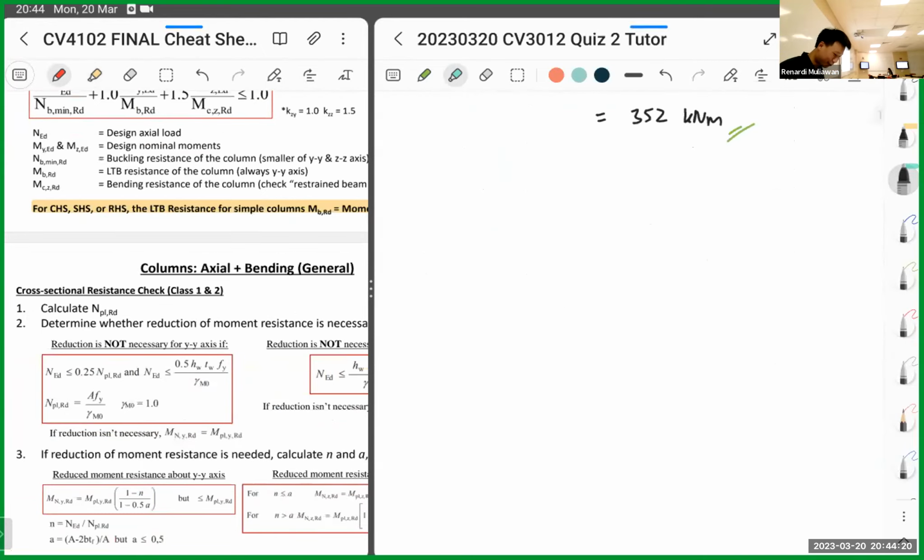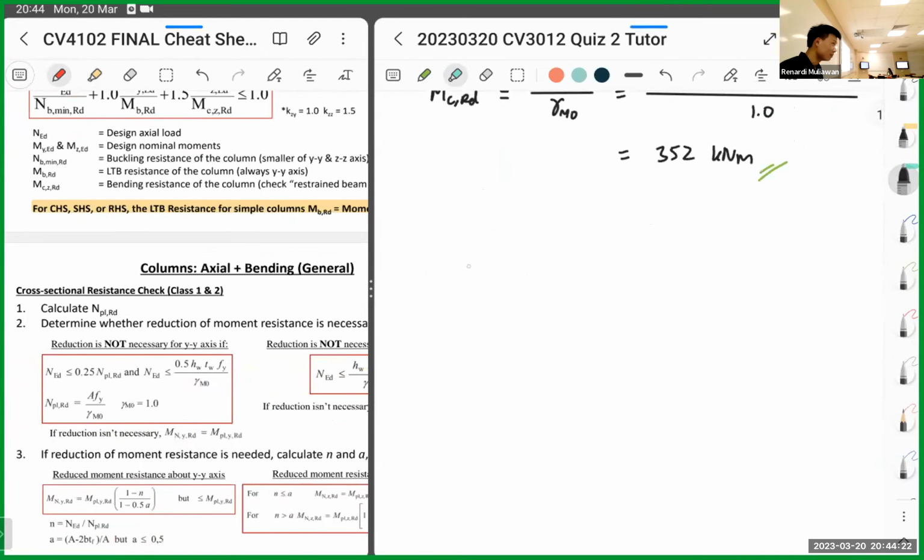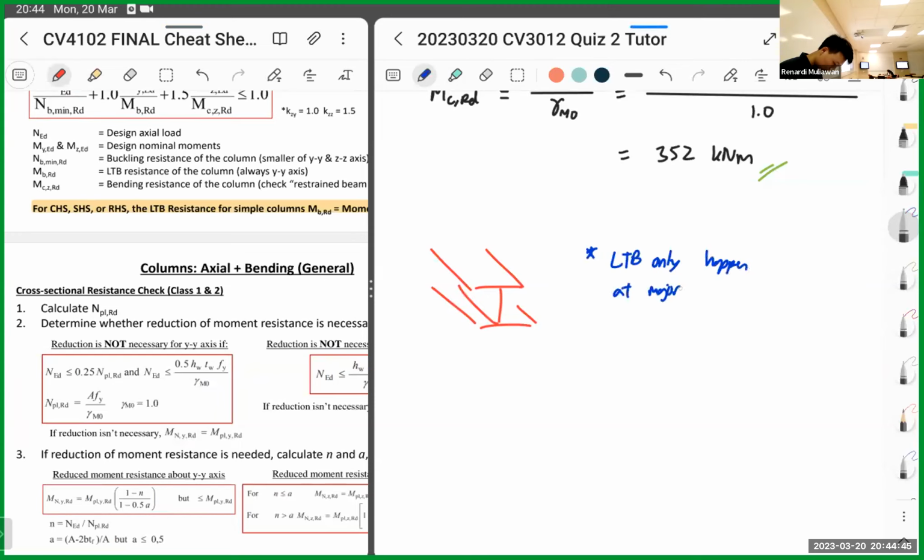I kind of forget why, but the easy explanation I can give is this: LTB only happens at the major axis. Remember, LTB only happens at the major axis.